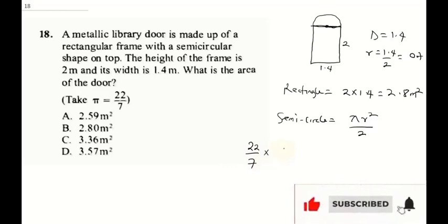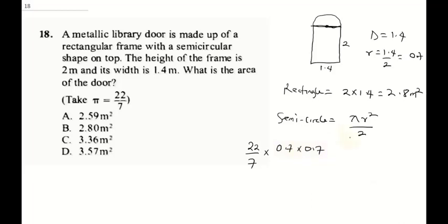Now, our radius is 0.7, that's times 0.7, that's 0.7 squared times 1 over 2. So this is the same thing as 22 over 7 times, remember 0.7 is 7 over 10 times 7 over 10 times 1 over 2.